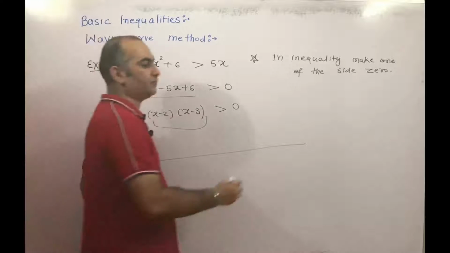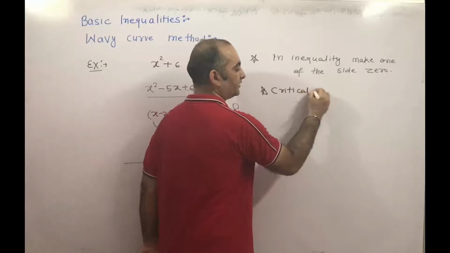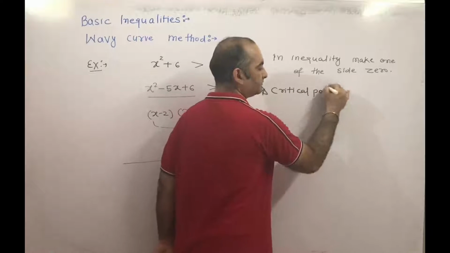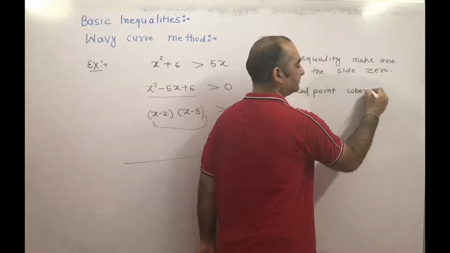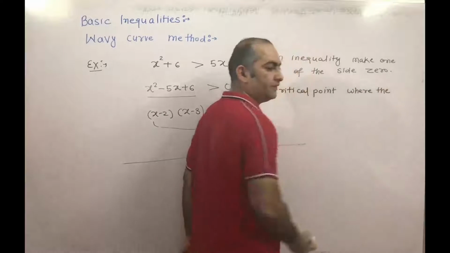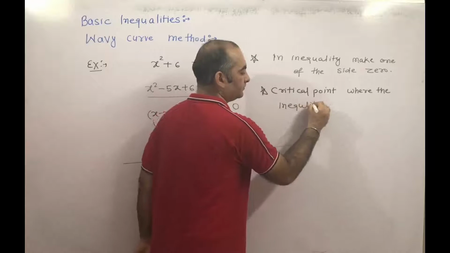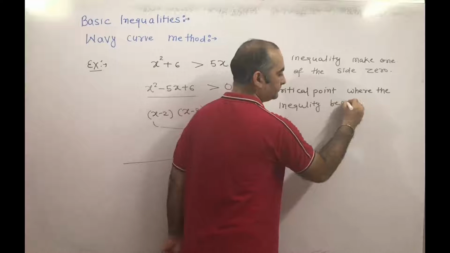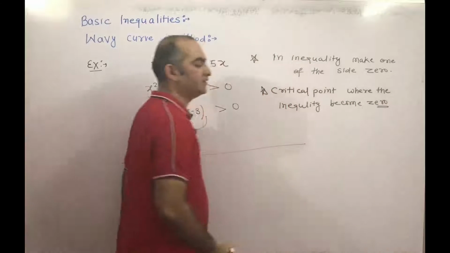So what is a critical point? It is where the inequality becomes 0.